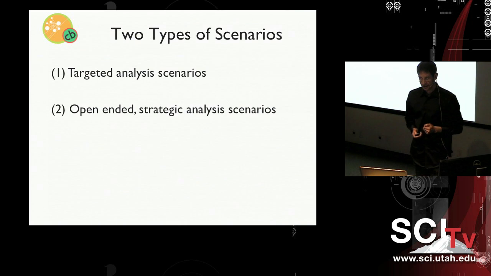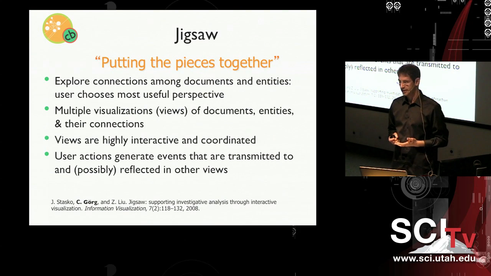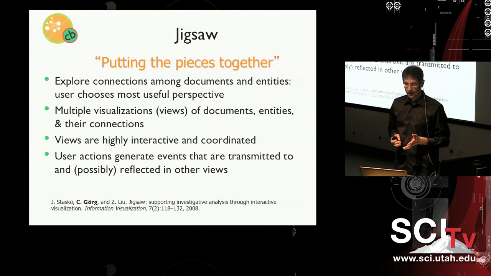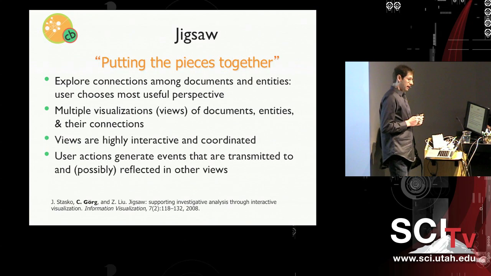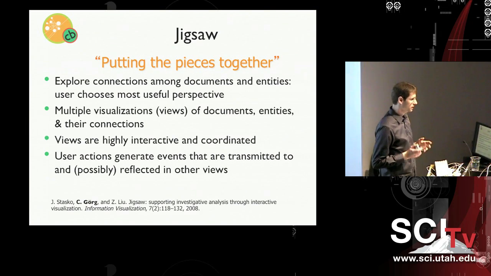And to support this type of analysis, I've built a system, and I call it Jigsaw, basically using this analogy to make clear that it's not about a search, but it's really about finding knowledge and telling a bigger story that's coherent. And the system is really tailored to unstructured data, especially textual document collections. And I use multiple visualization views that are connected and that show connections between documents and entities within those documents.